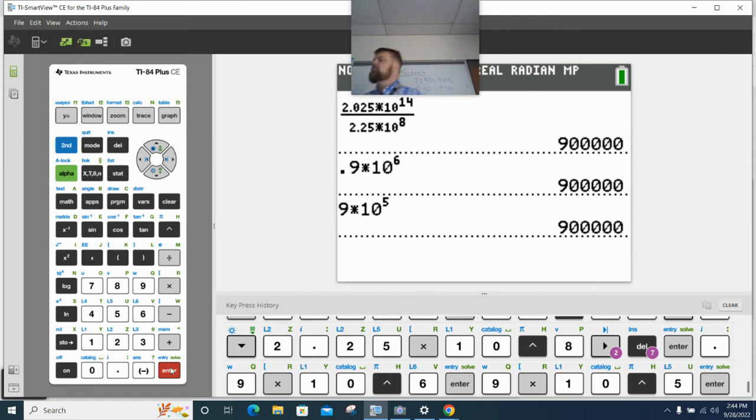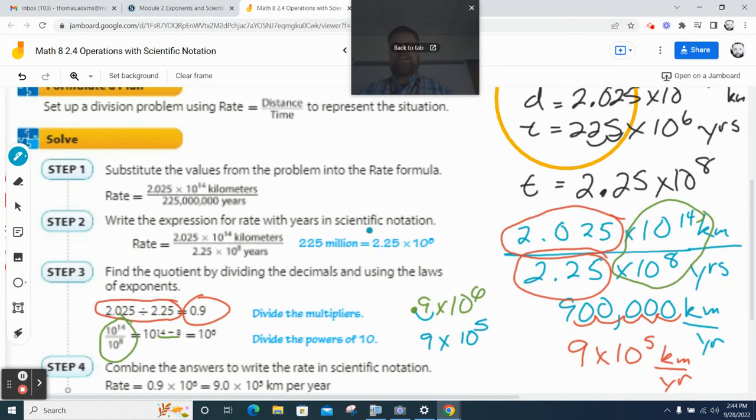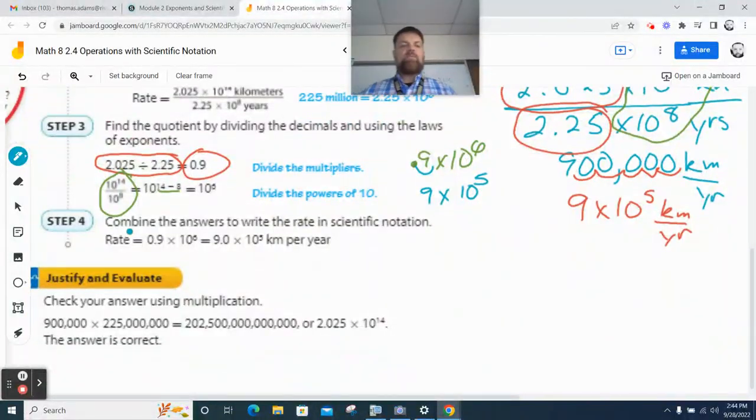Yep, it is. Okay. Good talk. All right. So for step 1, it says combine the answers and rewrite it in scientific notation. So it's 9 times 10 to the 5th power kilometers per year.